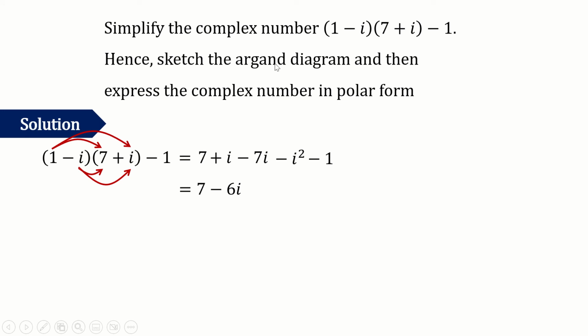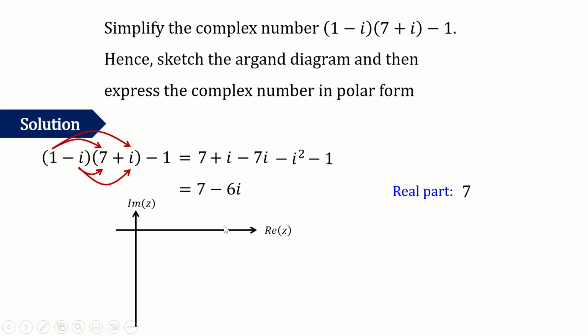And then we need to sketch the Argand diagram for this complex number. To sketch an Argand diagram, first we draw the real axis and the imaginary axis. At the real axis, we look at the real part of the complex number, which is 7.